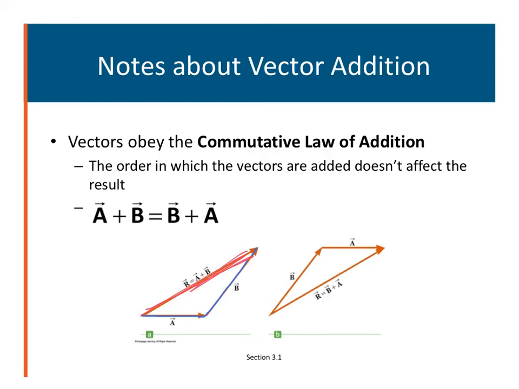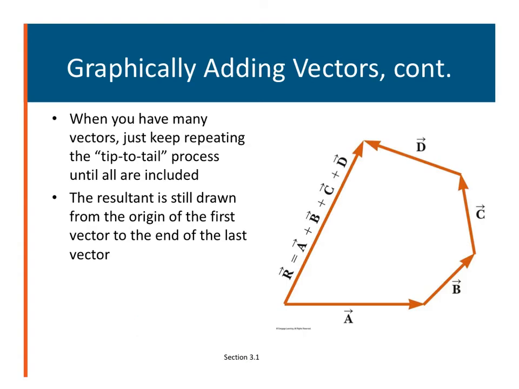Well, if we do that the other way around, take vector B and then add vector A, we still get the same resulting vector. Now remember, as long as we keep their orientation and magnitude consistent, we can move vectors around. So these two vectors in red are equivalent because they're parallel and the same magnitude.